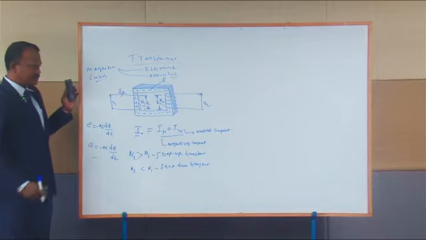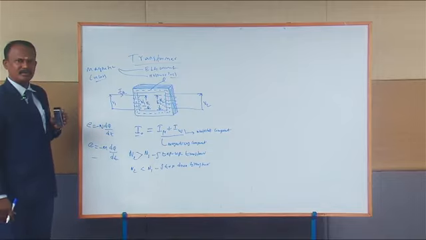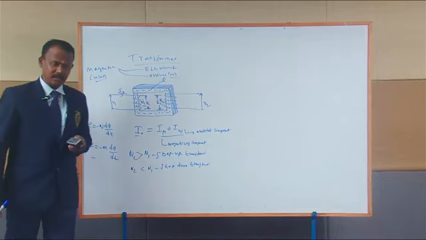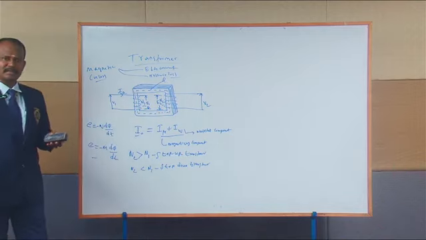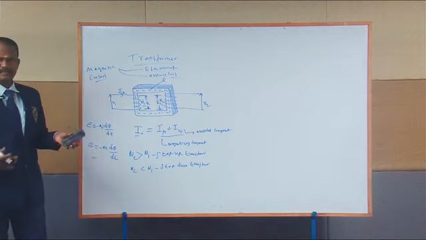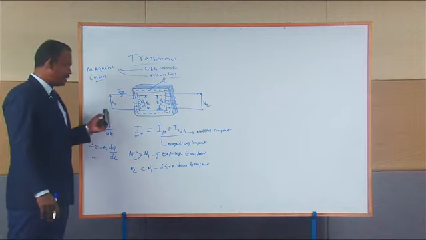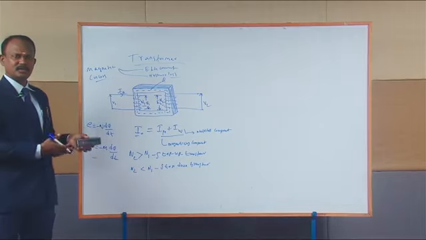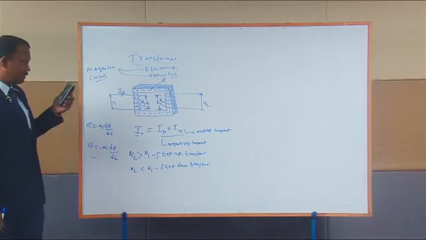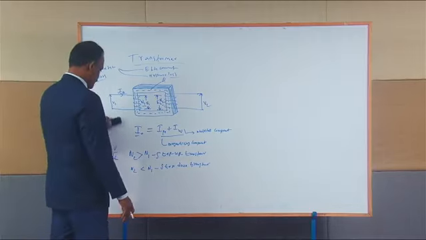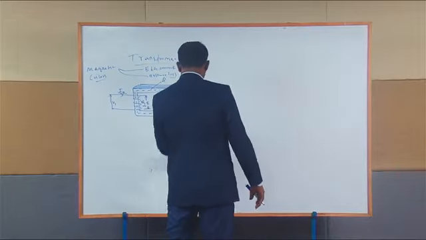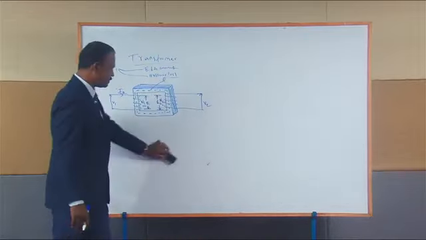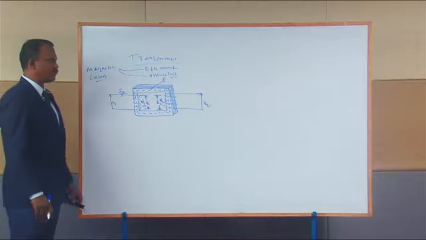Now let us try to draw the phasor diagram under no load condition for the transformer, so that we can understand the phasor relation between the different voltages and induced voltages in a transformer. How to draw the phasor diagram for the transformer under no load conditions?